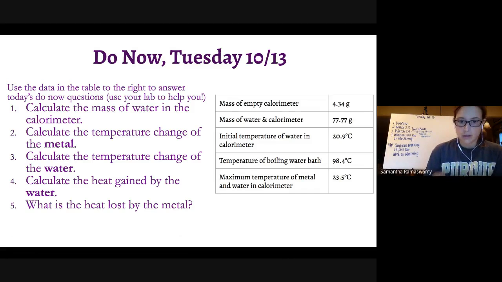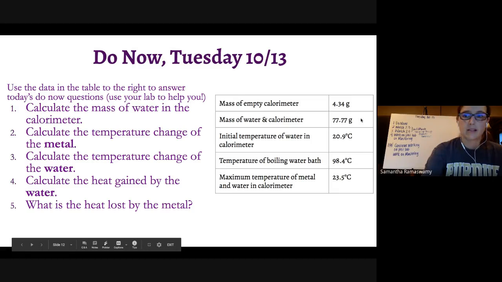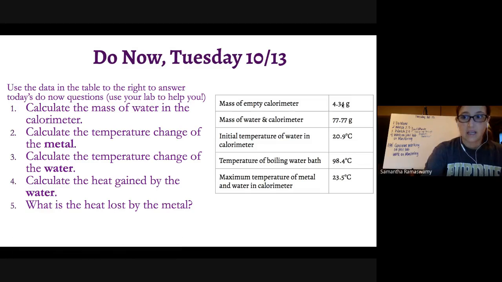In calorimetry, we have something in the coffee cup calorimeter, and then usually we're adding something else to it. So for the mass of the water in the calorimeter, we take the mass of water in the calorimeter minus the empty calorimeter. That will give us just the mass of water that's inside.